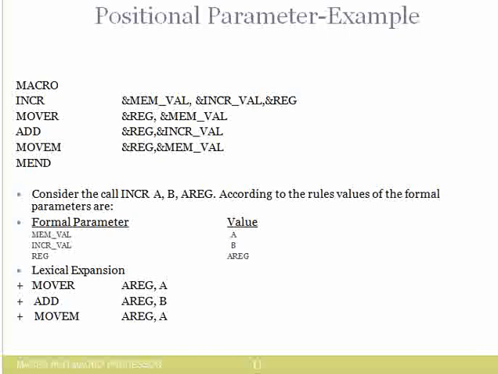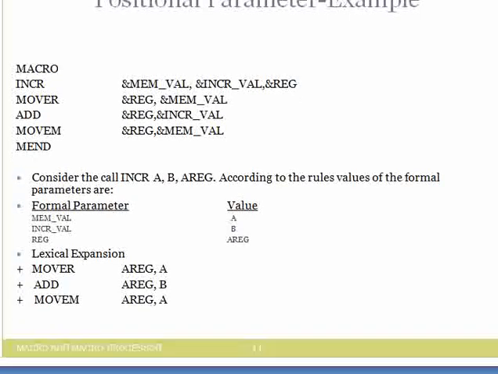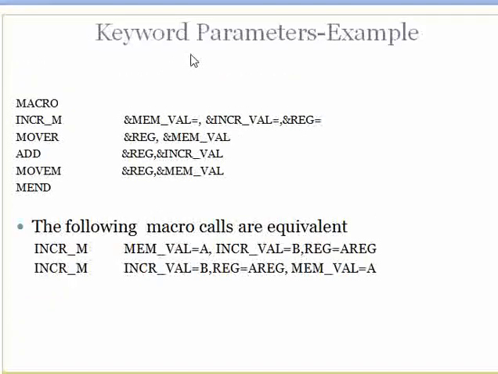Now the second kind of parameter that is there is a keyword parameter. So how do we write a keyword parameter? If you look at this macro, you will see that INCR_M is the name of the macro, and this line is a prototype statement.